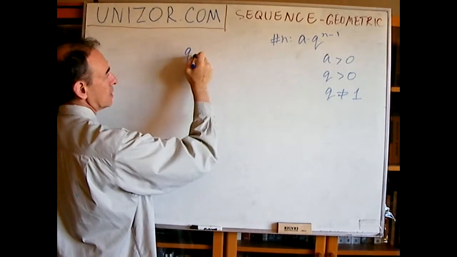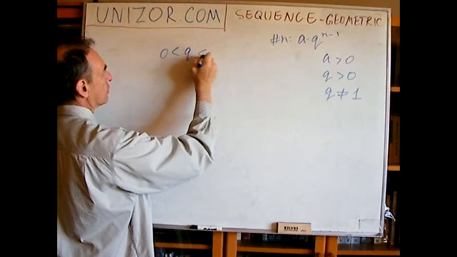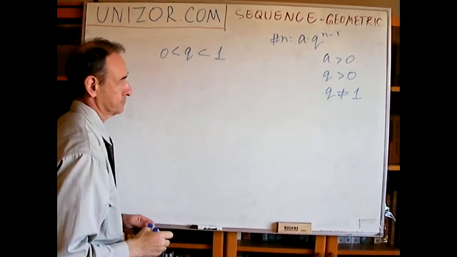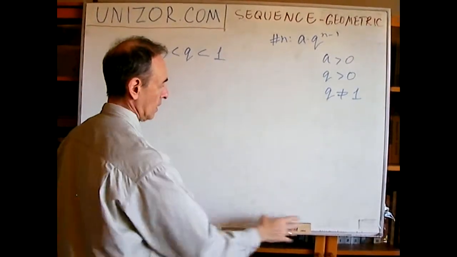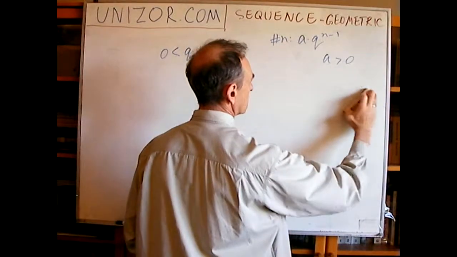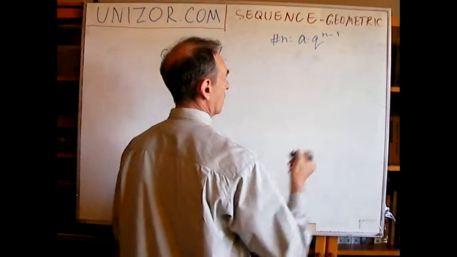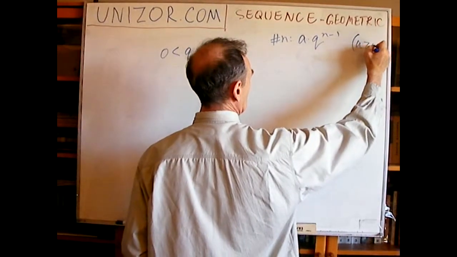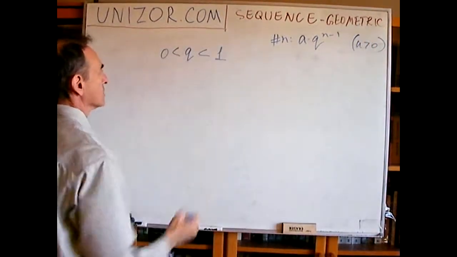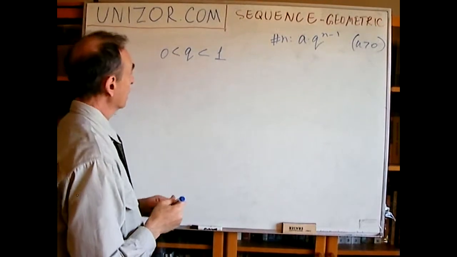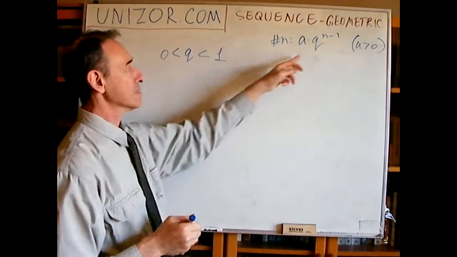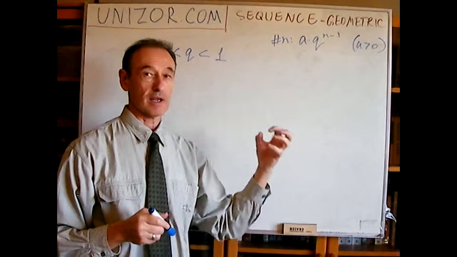If q is from 0 to 1, so I don't need to remove this. So this is my first case. This is when I'm saying that numbers are decreasing.